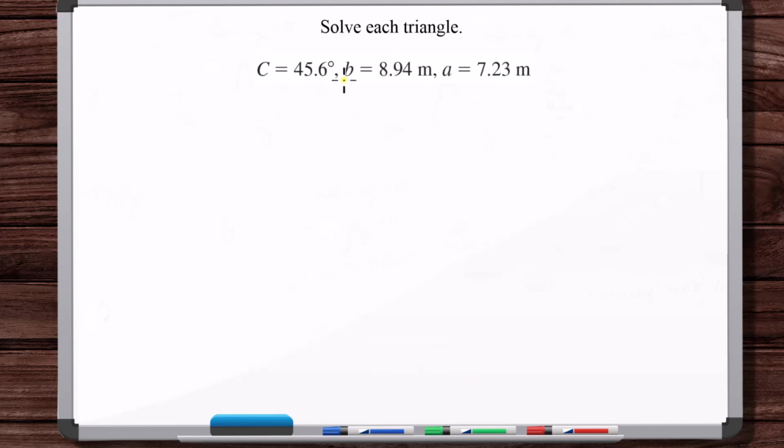Okay, we've got two side lengths and an angle, but is one of the side lengths opposite that angle? No, it's not. So it's the side angle side case. So let's write out the law of cosines centered around this angle.